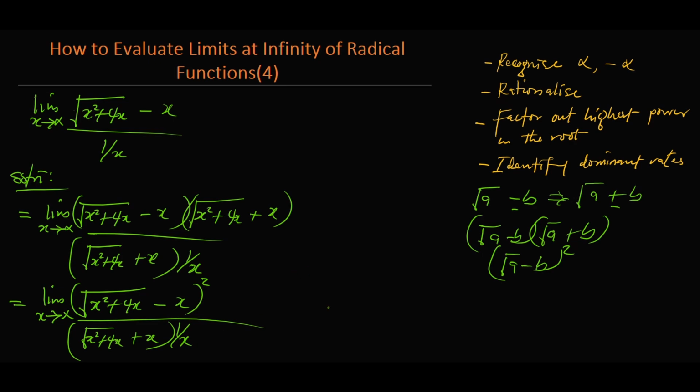Now for the numerator, we can expand this just as we have here. This can be expanded to have the square of root a, so we have root a squared minus b squared.